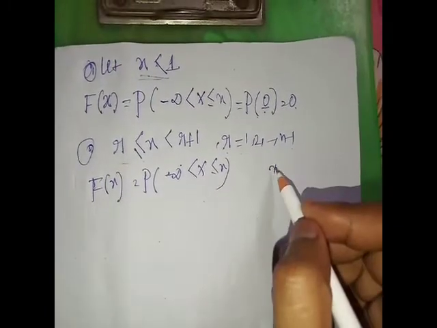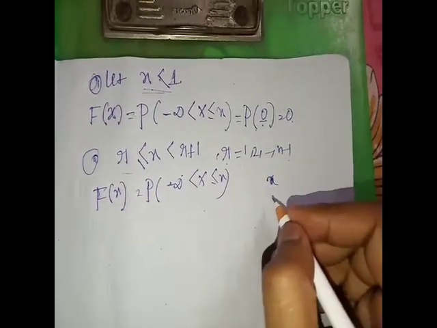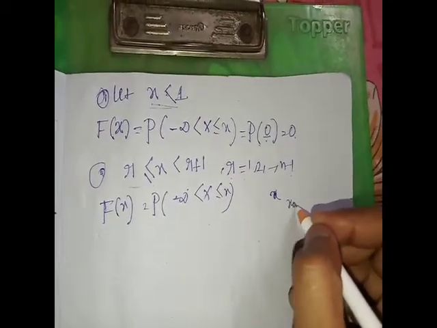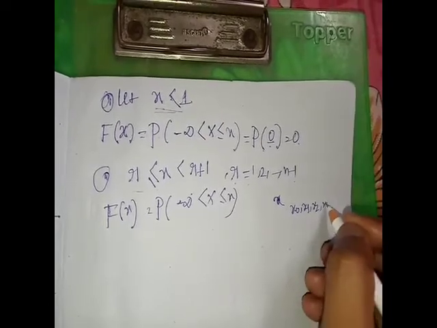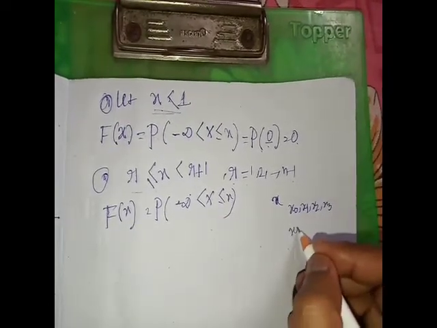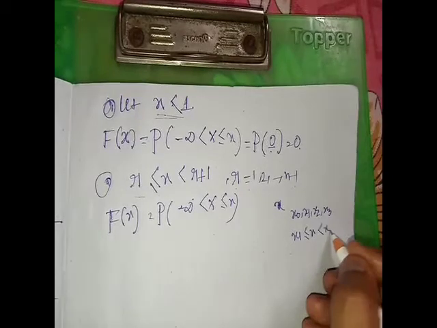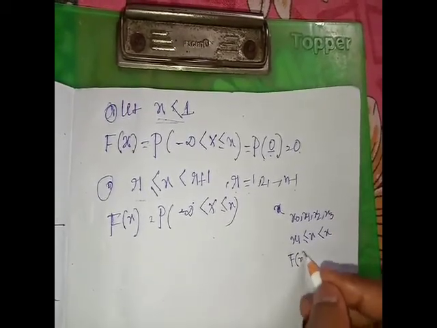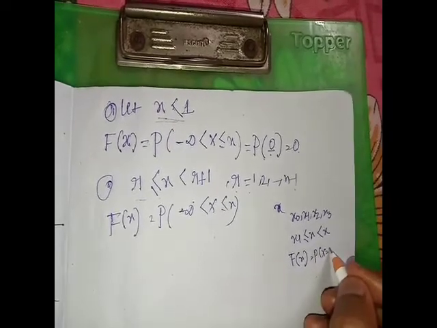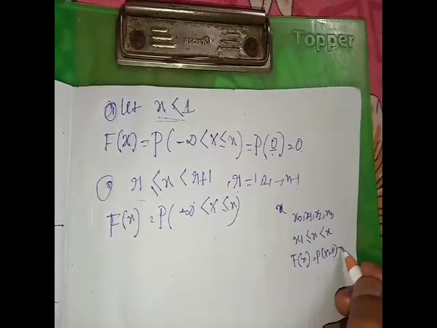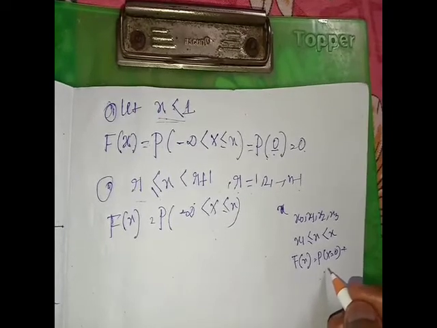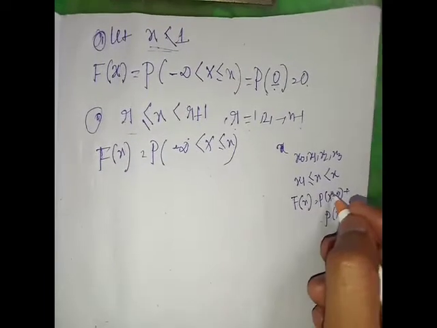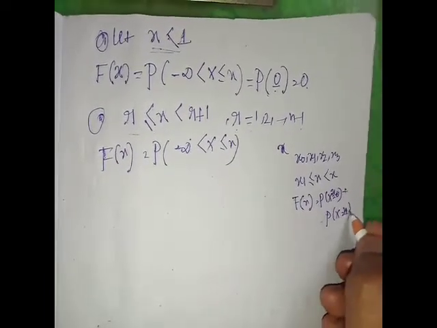From the previous problem, we see that if the spectrum of X contains points x_0, x_1, x_2, x_3, and if x_1 less than or equal to x less than x_3, then the distribution function is the probability of X equal to x_0 plus the probability of X equal to x_1.